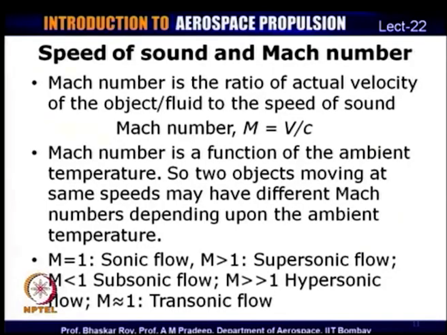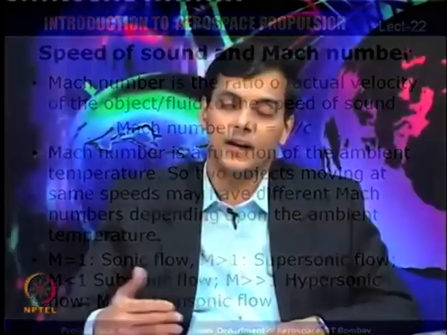And Mach number approximately equal to 1, around 1, we call such flows transonic flows. So, these are different terms we use for flows depending upon their Mach numbers: less than 1 is subsonic, greater than 1 is supersonic, and greater than 5 is usually referred to as hypersonic, and so on.